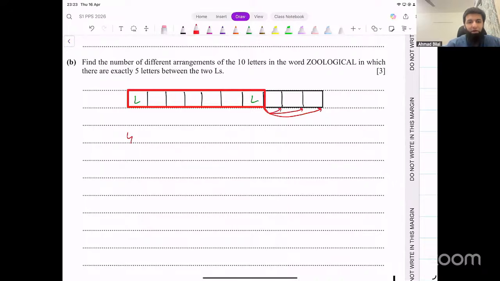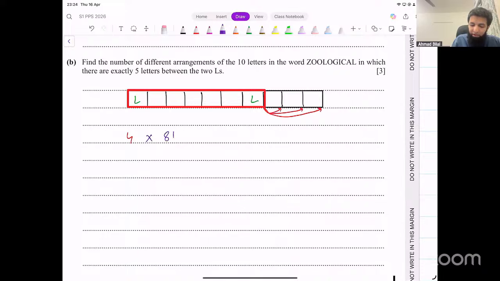Then what about these two L's that we've got? They can switch places. Does that matter? They're both identical, so them switching places does not matter. What about the remaining letters now? Apart from the two L's, we've got 8 places left and 8 letters.